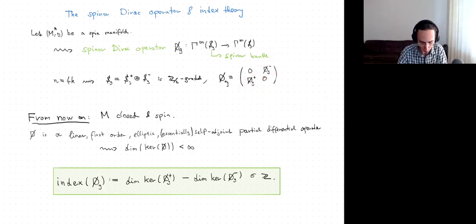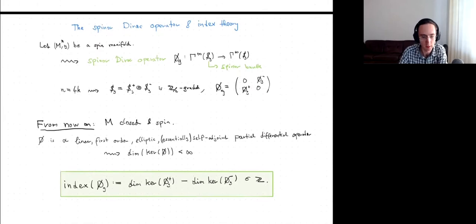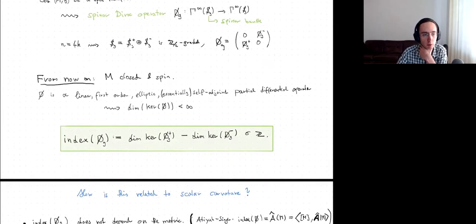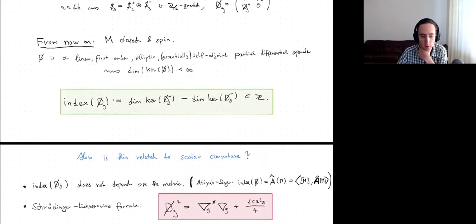And now, what about this integer? What does this have to do with the things that we are interested in, in relation to scalar curvature? There are 2 facts that make this work very well in connection with scalar curvature. The first one is maybe too simple to say, but it is important: although the operator depends on the metric, the index does not.